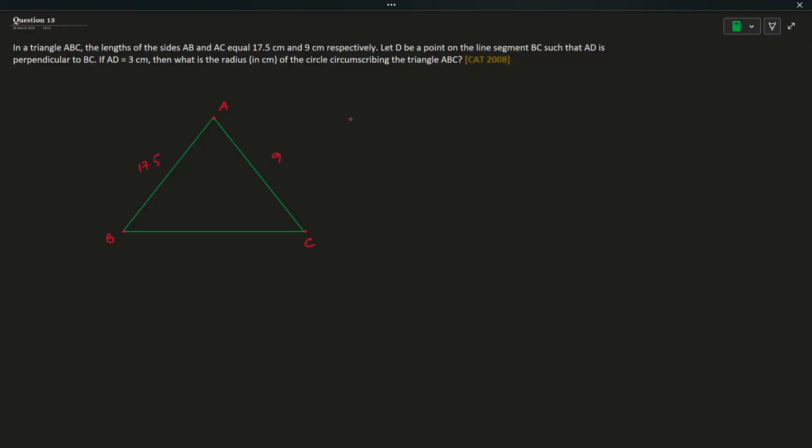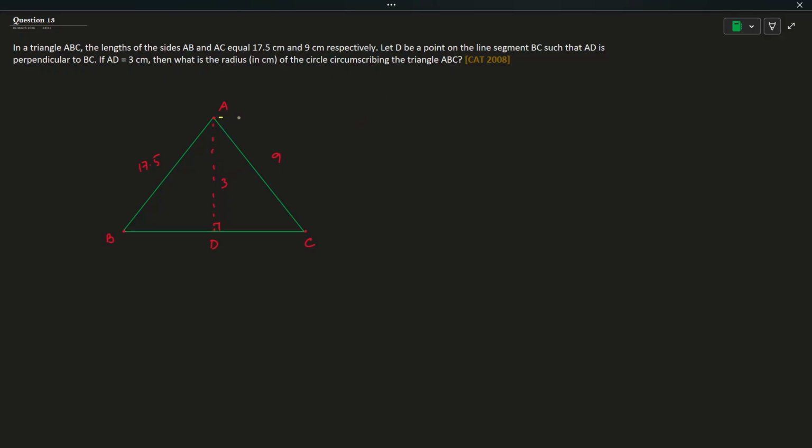D is a point on line segment BC, so AD is perpendicular to BC. This is 90 degree, this is D. And the length of AD is 3 centimeters. Then what is the radius in centimeters of the circle circumscribing the triangle ABC?